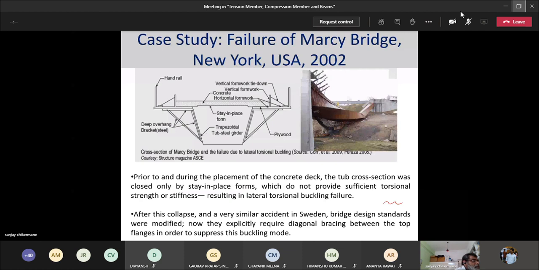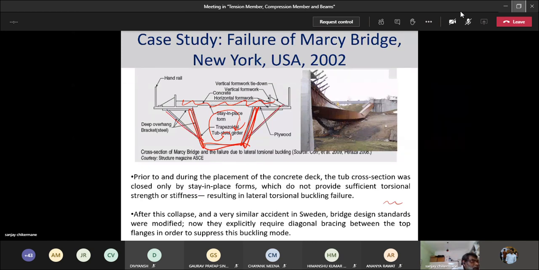Now, this is very interesting because once you end up getting your concrete deck in place, the section becomes fairly stable because the concrete and the steel together end up acting like a closed box. But until concrete was placed, it was just this tub which was there, with these brackets.